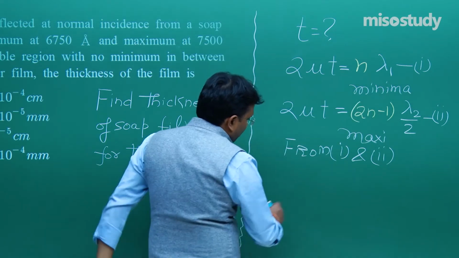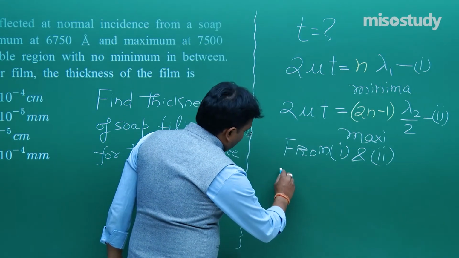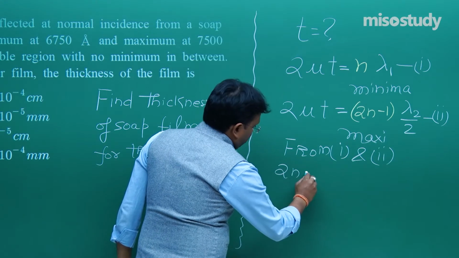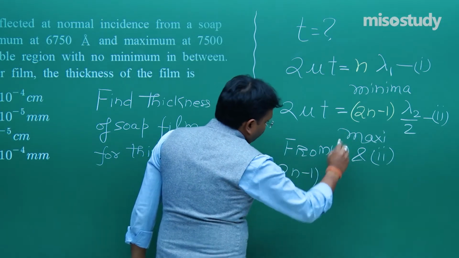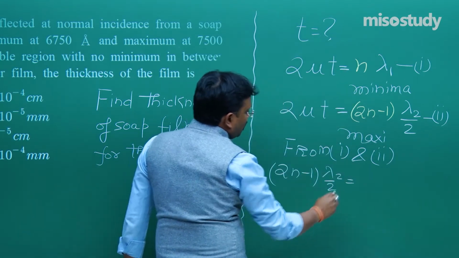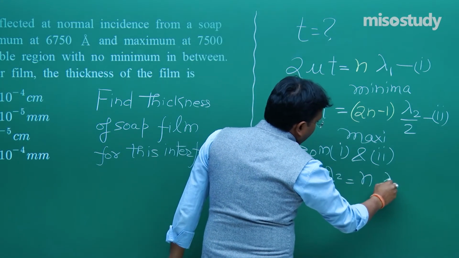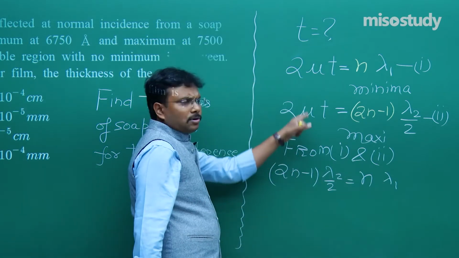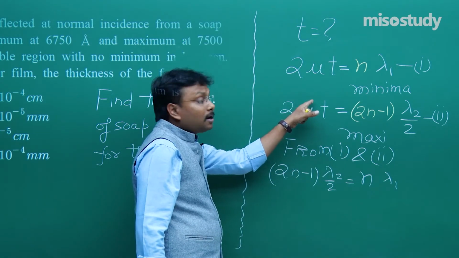Simple. So, 2n minus 1 lambda 2 by 2 is equal to n lambda 1, because the left hand side of both these equations are equal.